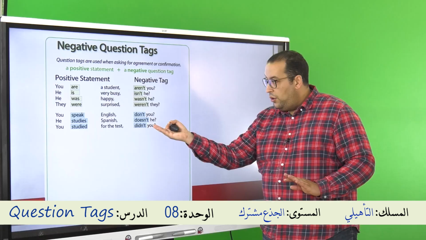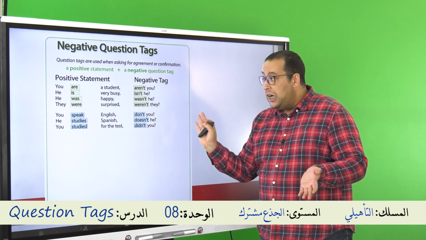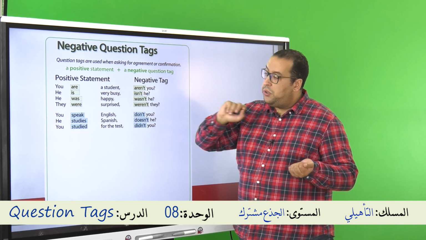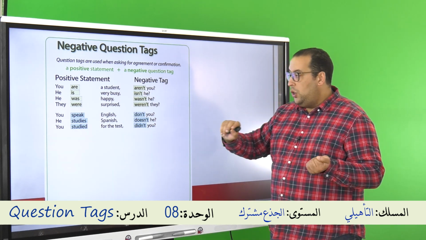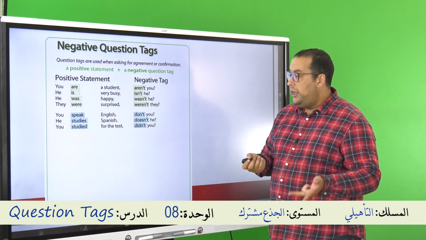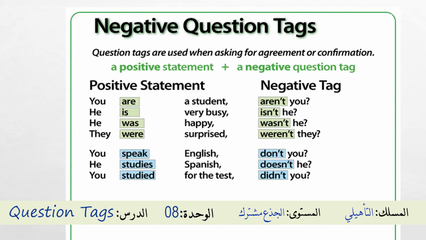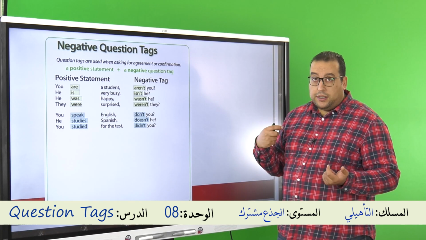Now, don't should be, again, in the present simple, but this time, because the person is he, we use doesn't instead of don't. Because he, she, it, they all go with doesn't or does. Good. And the last part, you studied. So studied is the verb to study in the simple past.